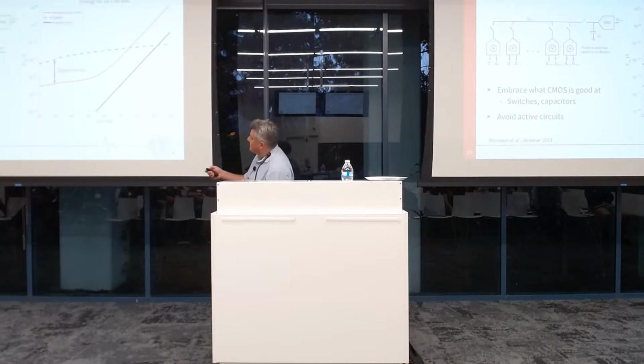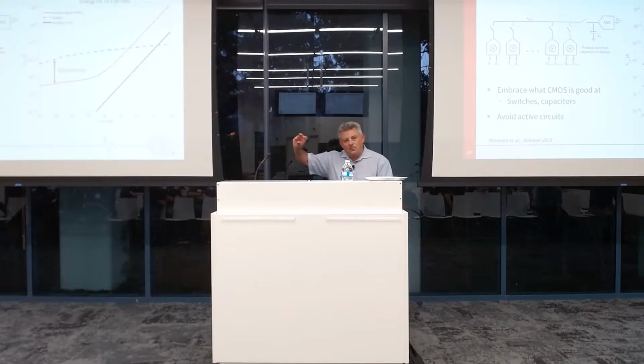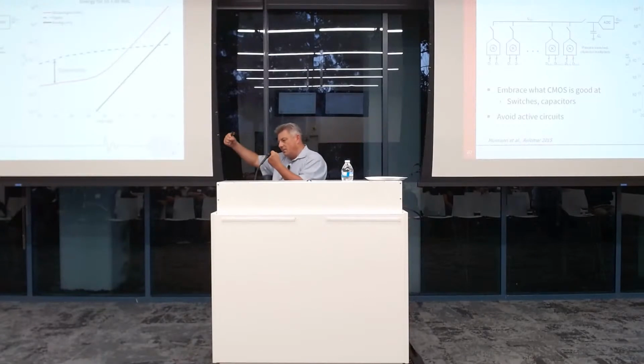So this comparison, I'll walk you through these three lines. This black line is analog efficiency maximized. You can't really build an analog circuit that has lower energy than this black line, or there's some black magic going on. You've got to change the Boltzmann constant to get beyond this black line, more or less. The red line is when you take caps and you switch them around and you do multiplications and additions.